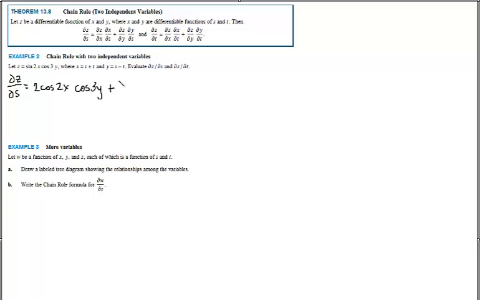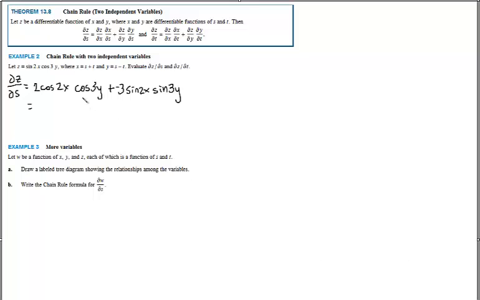Partial of z with respect to y, meaning that that part right there will just be a constant, so I'll write sine 2x. Now I need the partial of sine 3y. That's going to be negative 3 times cosine 3y, and multiply by the partial of y with respect to s. That's going to be a 1.